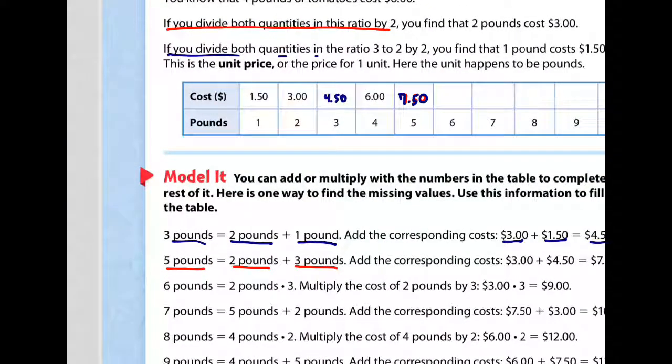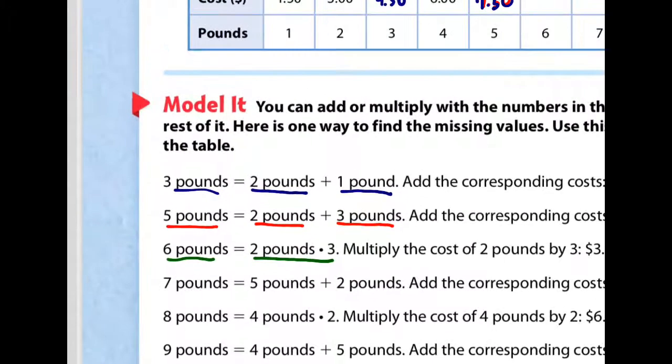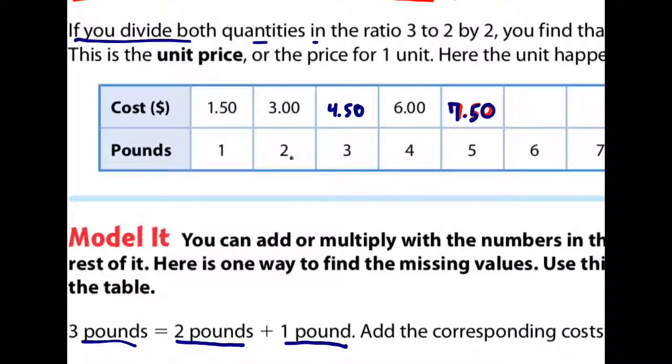Now in this one, you'll notice you don't have to add two amounts together. So for this one, check this out. 6 pounds we know is 2 pounds by 3. 2 times 3 is 6, correct? So let's go up here. If we know 2 times 3 is 6, can't we do $3 times 3 and get $9?